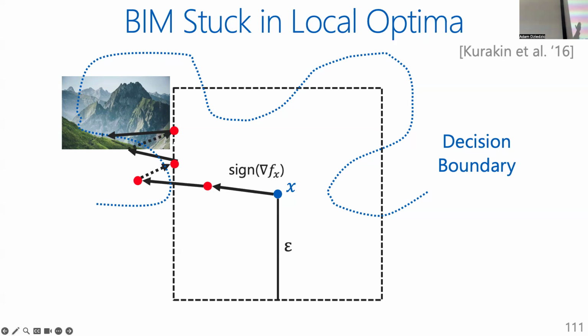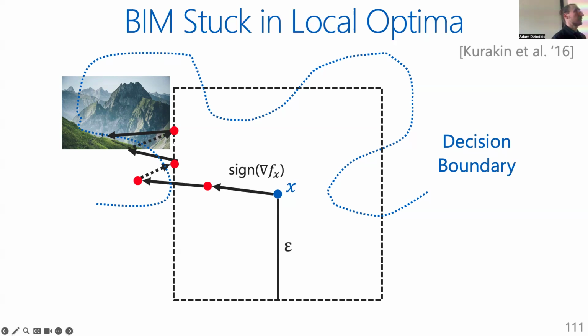But then we always end up in basically the same class or outside of the epsilon ball. So we never can find the adversarial example. So what can we do?